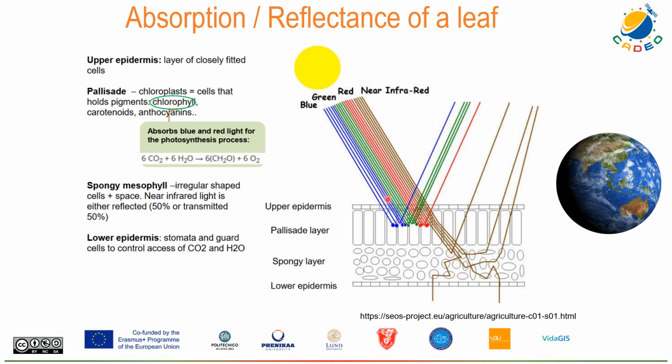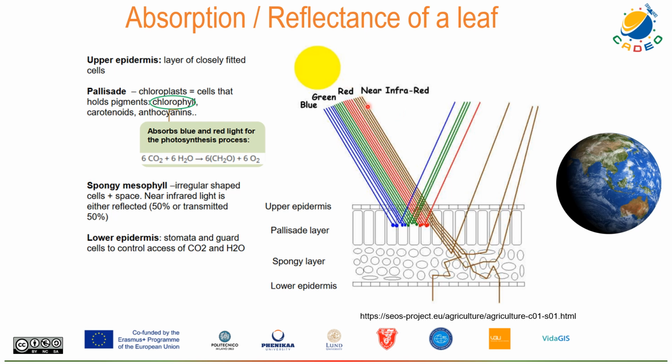In the green parts of the spectrum, more of the energy is reflected by the leaves, and the red parts of the spectrum is also absorbed, so not so much radiation is reflected out. And this difference we will use when we try to classify a pixel in a satellite scene, for instance, to see if it is vegetation, active vegetation or not.